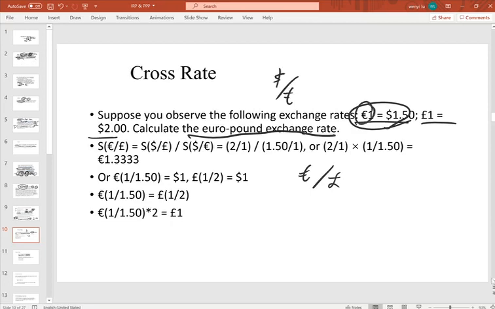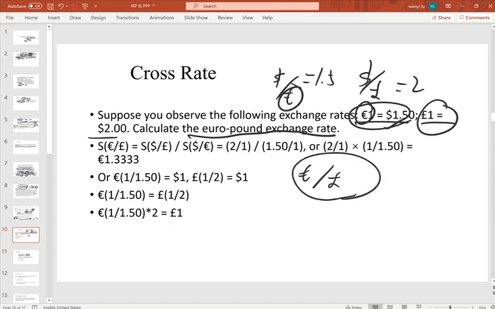Euro is the base currency, so it equals 1.5. And for £1, it equals how many dollars? 2. And this is what we want to solve.